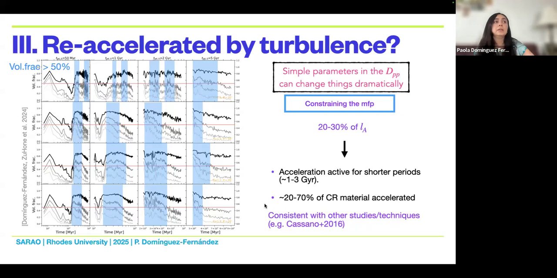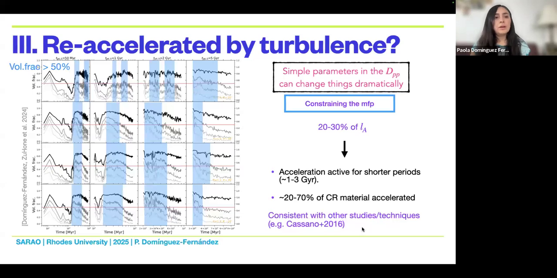As you know, in radio halos you have a curved radio spectrum, and the explanation of that curvature can tell you what the time frame should be at which the reacceleration has been active. This has been done by other groups, and they also think that the acceleration should be active for at least 1 to 3 gigayears.